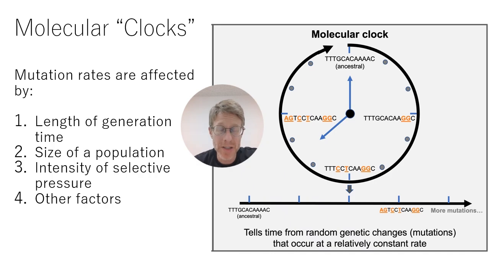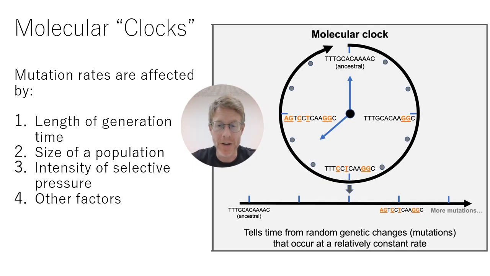Smaller populations are more susceptible to fluctuations. It's going to be less predictable. Intensity of selective pressure. There will be changes because of mutations, but also changes because things are evolving to new environmental conditions. If there's a big change in the environment, then there might be a lot more selective pressure for organisms to evolve, and you would expect more rapid changes if there was suddenly a big change in the environment.